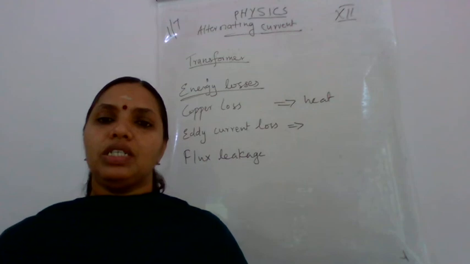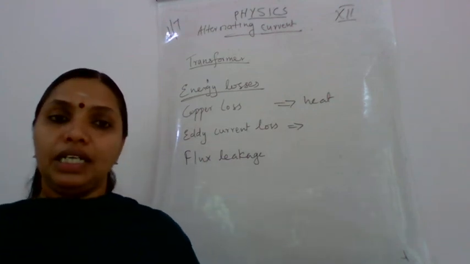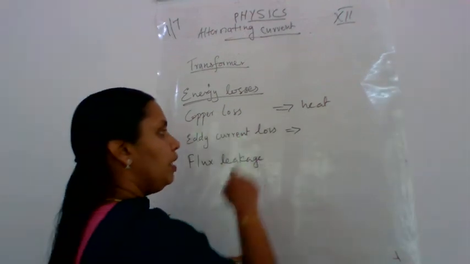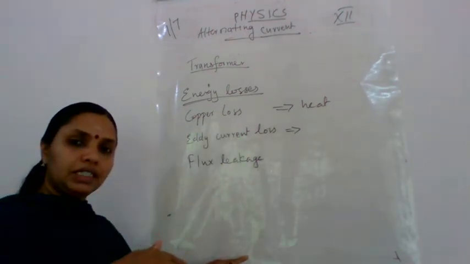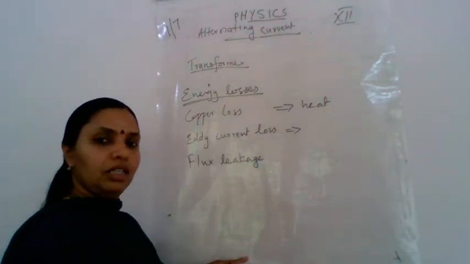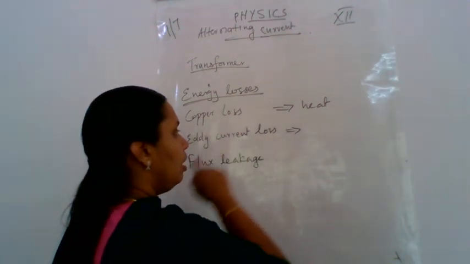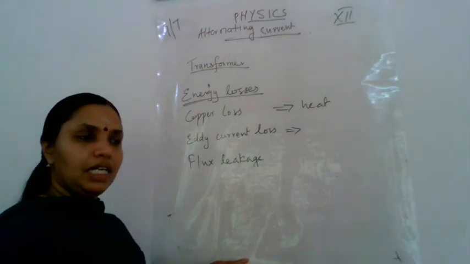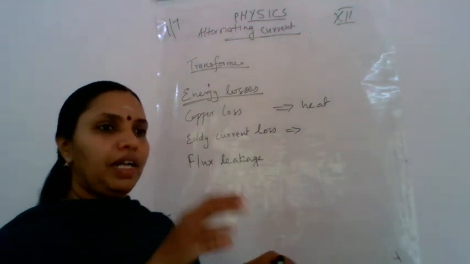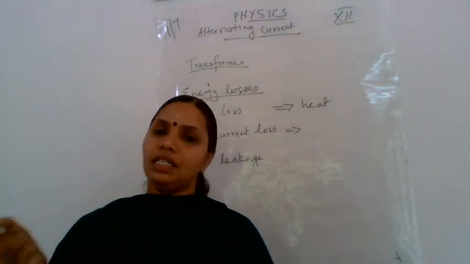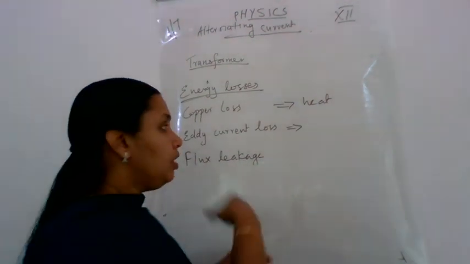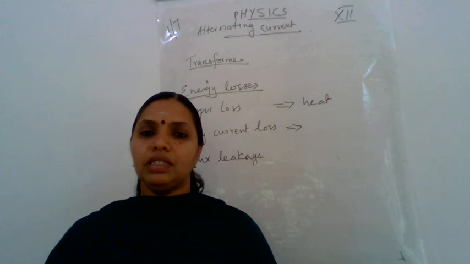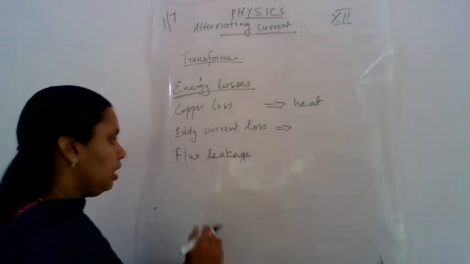That produces eddy current, so eddy current loss will be there. The flux is lost in the form of eddy current. And there is flux leakage. What is that flux leakage? From the primary, the flux has to reach the secondary, isn't it? In between, it is converted into eddy current or heat. That is the flux leakage.